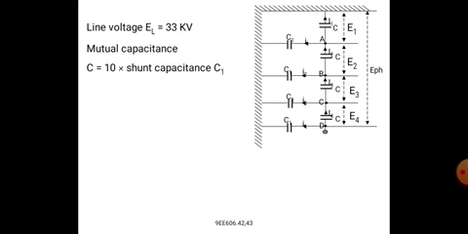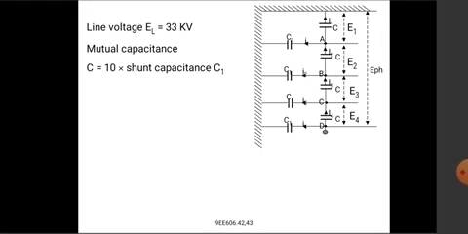So we have to find the value of K, which is shunt capacitance by mutual capacitance.